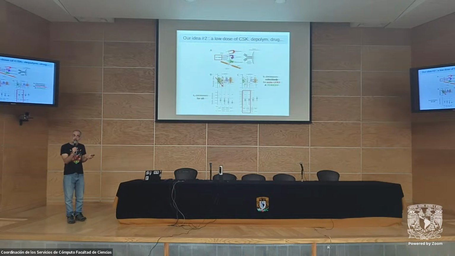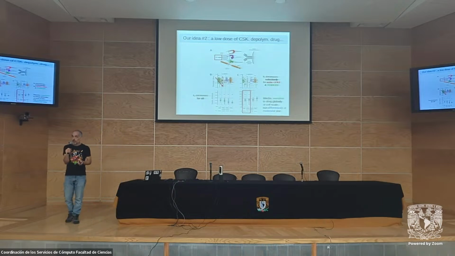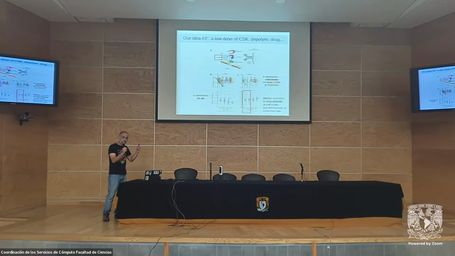So that means that we exactly saw what we wanted, that there is some mechanical interaction of the TCR that is the same type of interaction that you may think for integrins. So it's the mechanism sensitive to drug at cell scale, but differentially at molecular scale, that is coherent with our understanding and our previous model of the interaction.